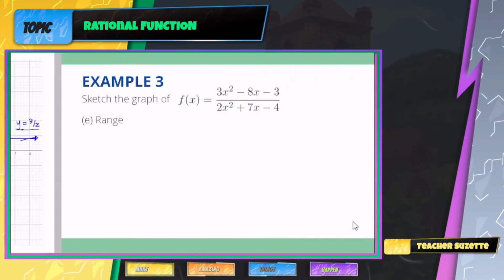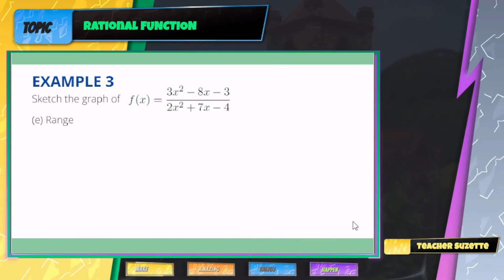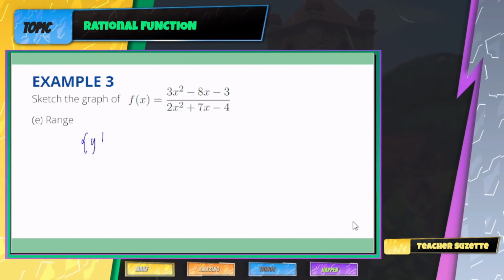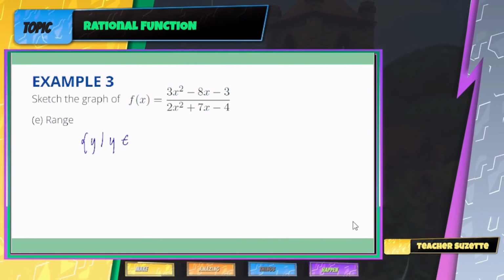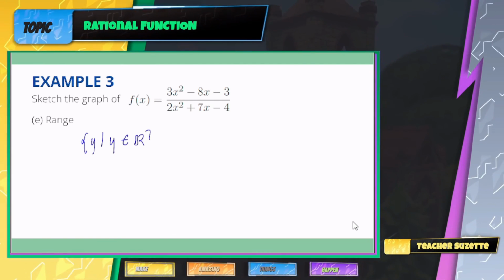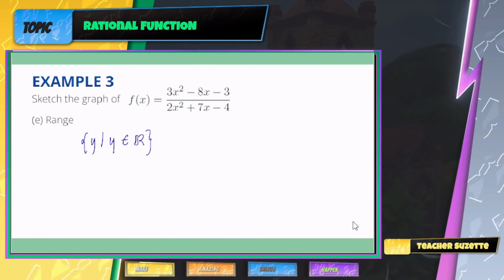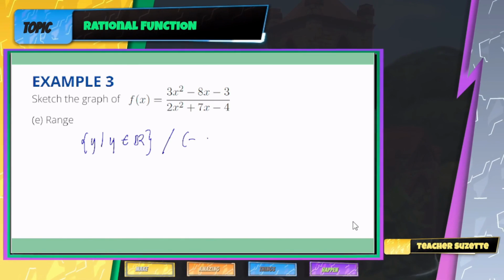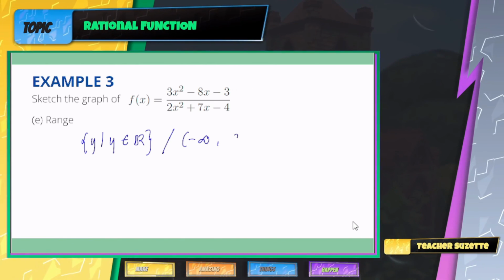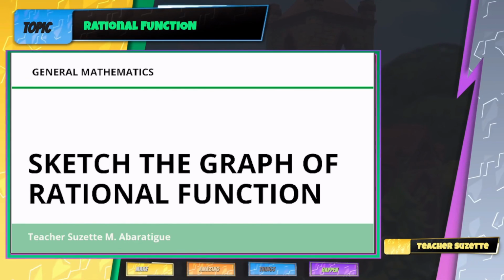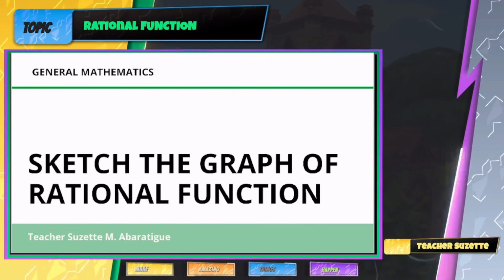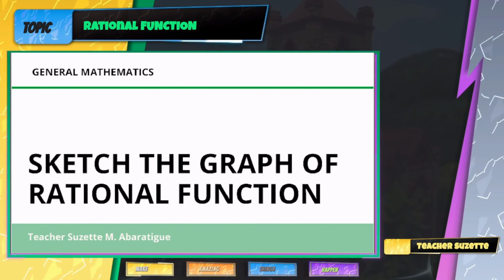So therefore, our range is y such that y is an element of real numbers. So, wala tayong restriction. Or in interval notation, this is negative infinity to positive infinity. So, that concludes our discussion regarding the graph of rational functions.